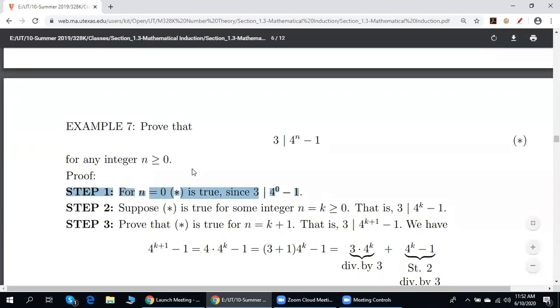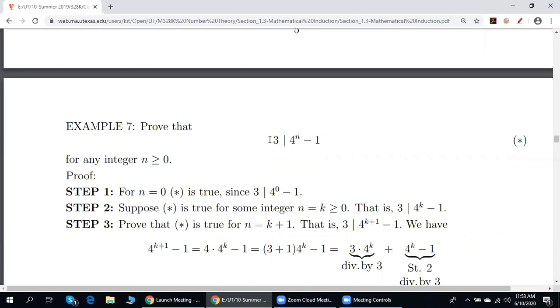Now, step 2. Suppose 3 divides 4 to nth power minus 1 for some integer n is equal to k, where k is greater or equal to 0. That is, 3 divides this. Prove that 3 divides 4 to nth power minus 1 for n is equal to k plus 1. That is this.